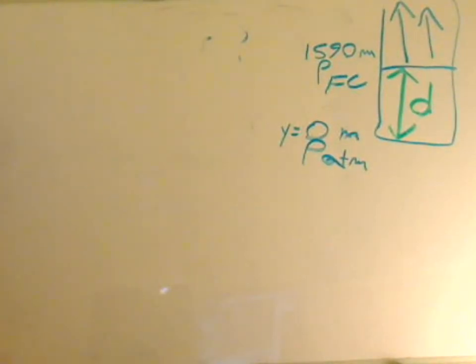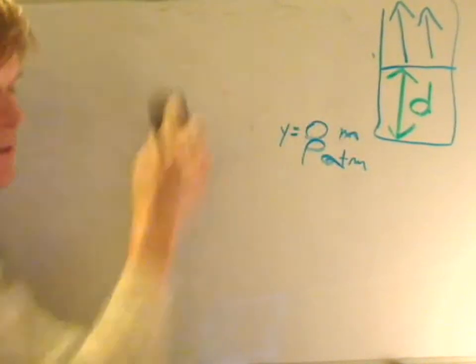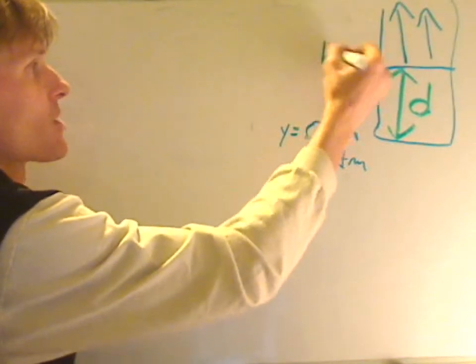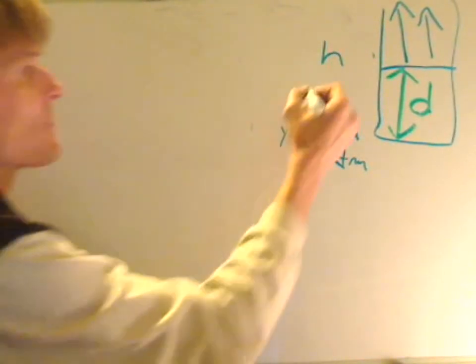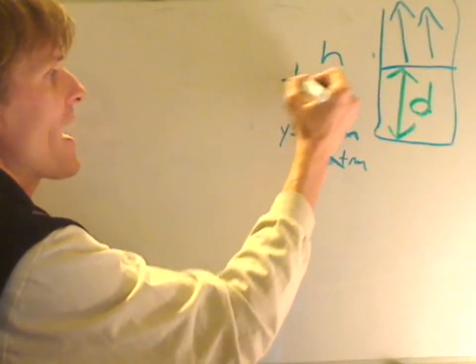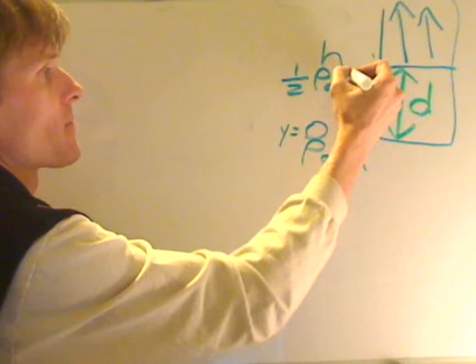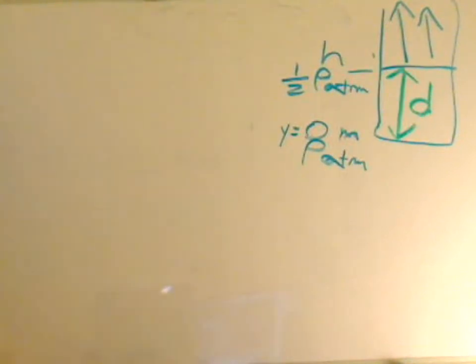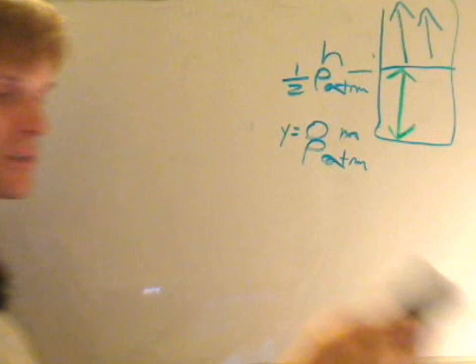What we're interested in is the height in the atmosphere, or the elevation, and this height is going to be here at height H, where we have 1/2 of our sea level atmospheric pressure. We're changing this now to H.